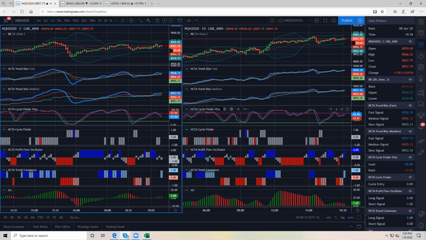You can do some research using this tool that we've created, and answer that question for yourself. But absolutely, Cycle Finder Plus, Cycle Finder, Profit Flow Oscillator, Trend Consensus, the Trend Bias, they all work whether it's after hours or during regular market hours, but as Craig alluded to earlier, the dynamics of them may be a little different.